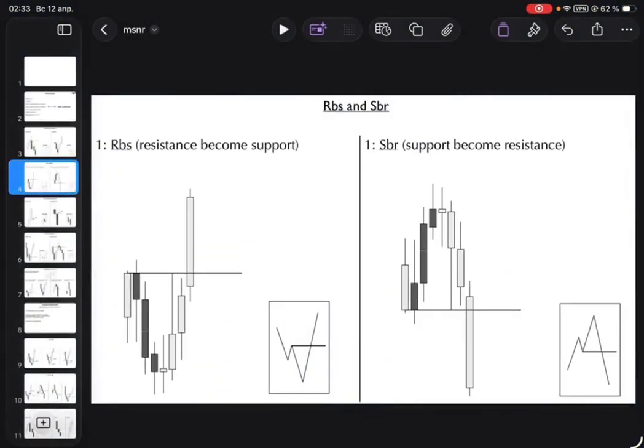Okay, next up, RBS and SPR zones. Okay, RBS is resistance becomes support, and SPR is support becomes resistance. Okay, let's look at how they are formed.